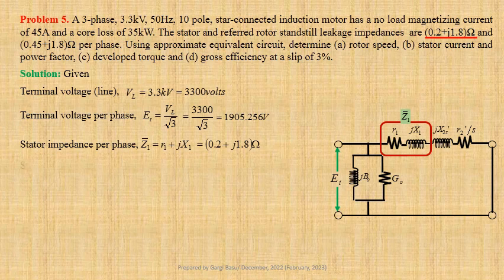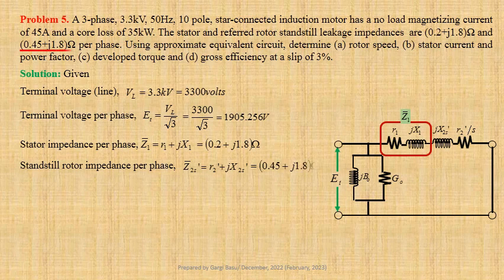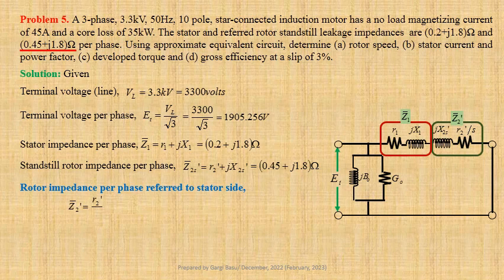Given stator impedance per phase Z1 equals R1 plus jX1 equals 0.2 plus j1.8 ohm, and standstill rotor impedance per phase referred to stator side Z2S dash equals R2 dash plus jX2S dash equals 0.45 plus j1.8 ohm. For any value of slip S, expression for rotor impedance per phase referred to stator side Z2 dash equals R2 dash by S plus jX2S dash.